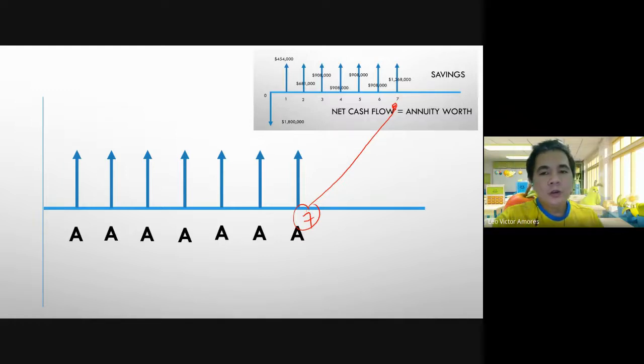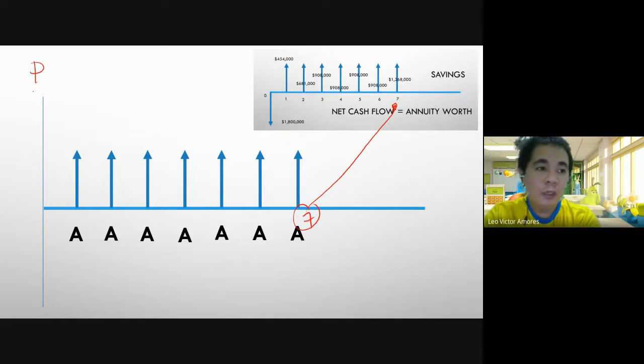Okay? So when we talk about annuity worth, there are different problems for annuity. We have deferred annuity, we have ordinary annuity, and we have annuity due. But for this type of discussion or analysis, we are looking into the ordinary annuity. Okay? Since you can actually solve it using two ways, no?